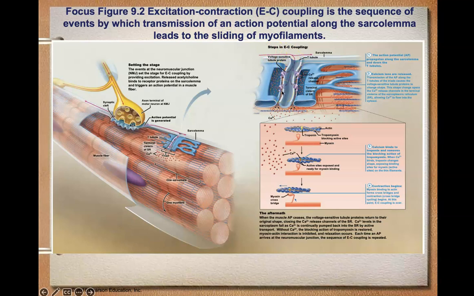Now, as it travels down into these T tubules, it's going to signal the release of calcium from the sarcoplasmic reticulum, okay? And as it triggers that release of calcium, the calcium is now in the sarcoplasm.